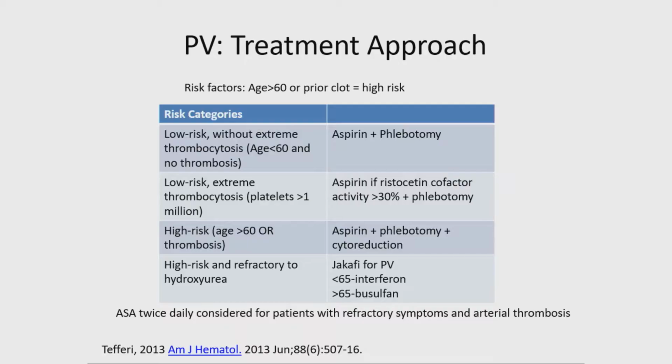The treatment for polycythemia vera is very similar to essential thrombocytosis. Basically, low-risk patients get an aspirin, and high-risk patients, which are considered patients over the age of 60 or with a prior blood clot, should be treated with, in addition to aspirin, a medicine to lower blood counts. Phlebotomy, I should have said, is given to all patients to lower the hematocrit to less than 45.